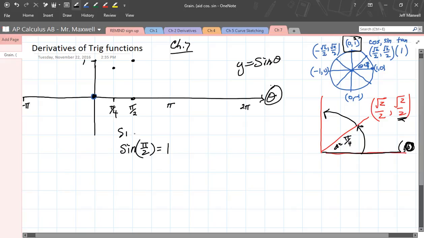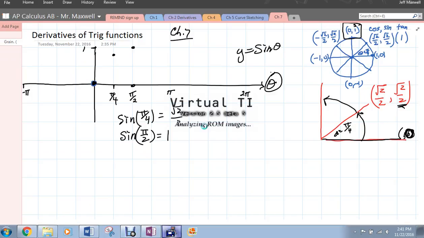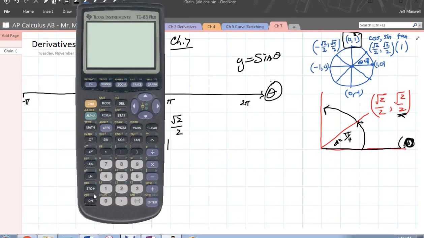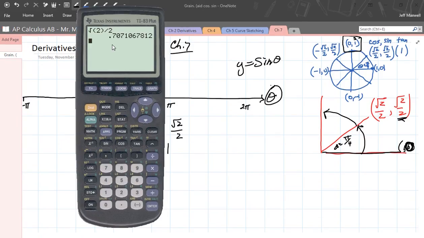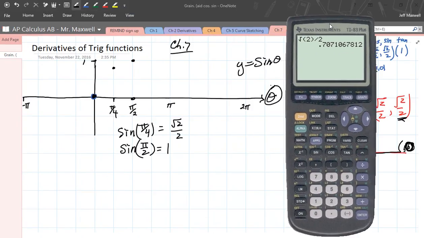We've also got this so far. Sine of pi over 4 is root 2 over 2, which on your calculator, the square root of 2 divided by 2, is, oh, my bad, I said 0.86, that's my mistake, it's 0.707.